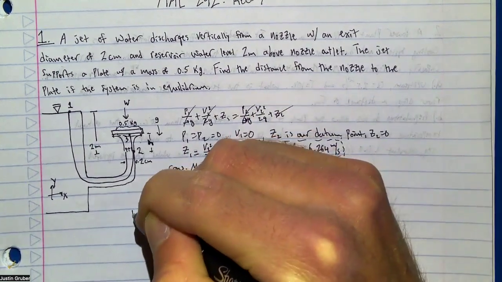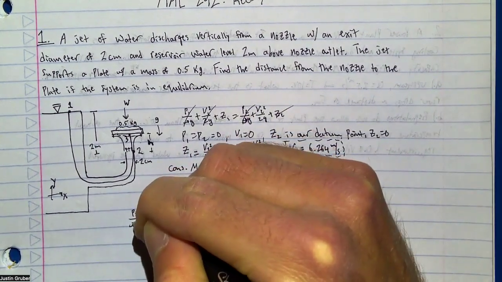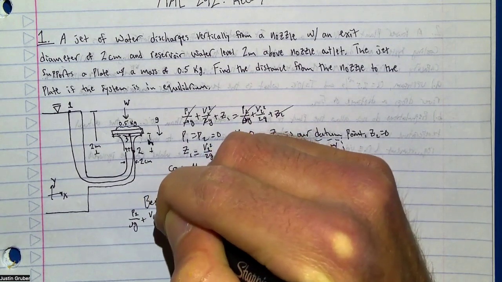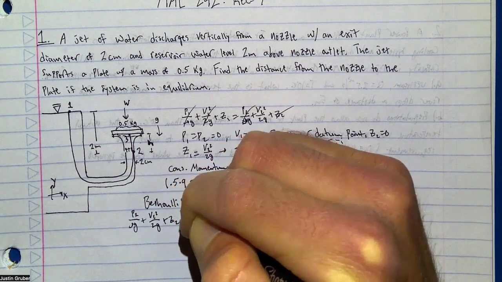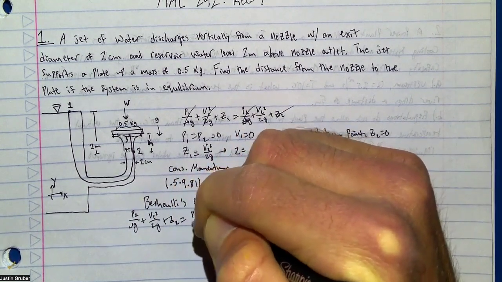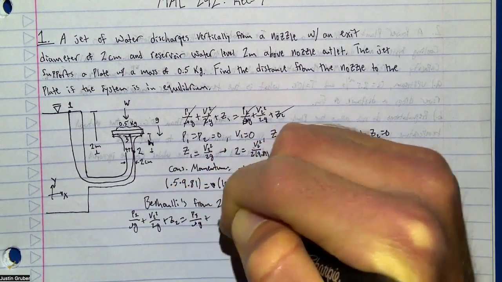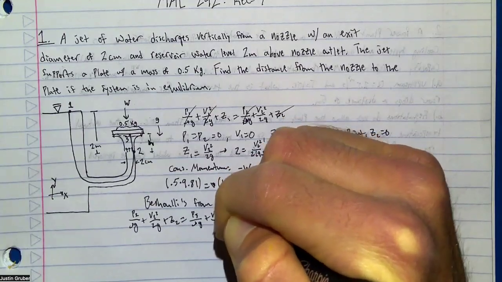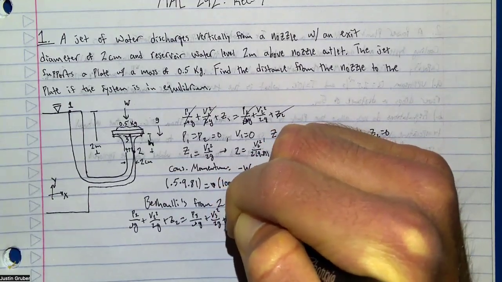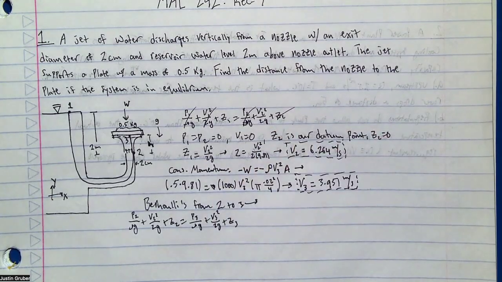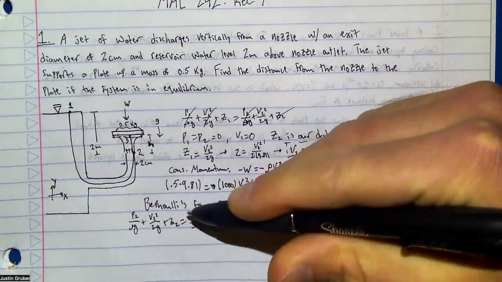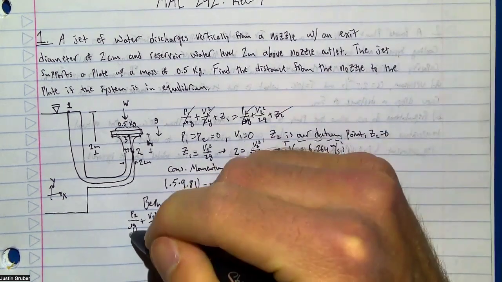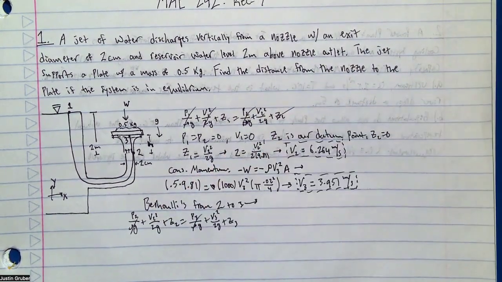Right, so let's rewrite it. Right, so now it's just back to the basics, just like we did before, where P2 and P3, they're both open to atmosphere, so we can say their pressures go away.